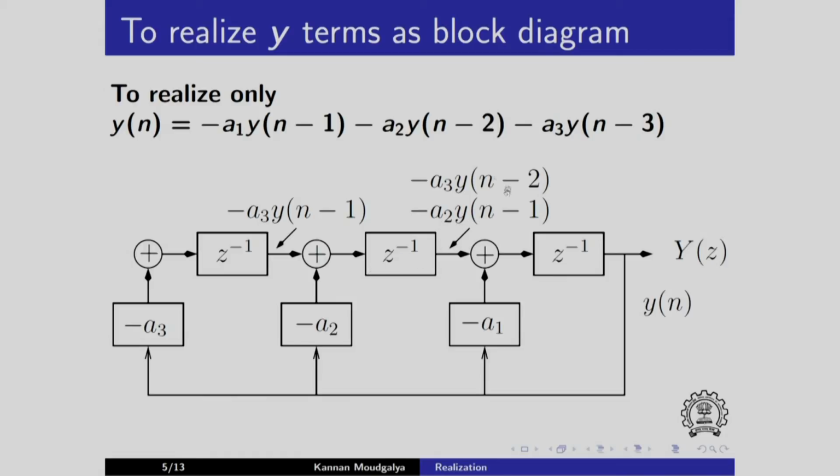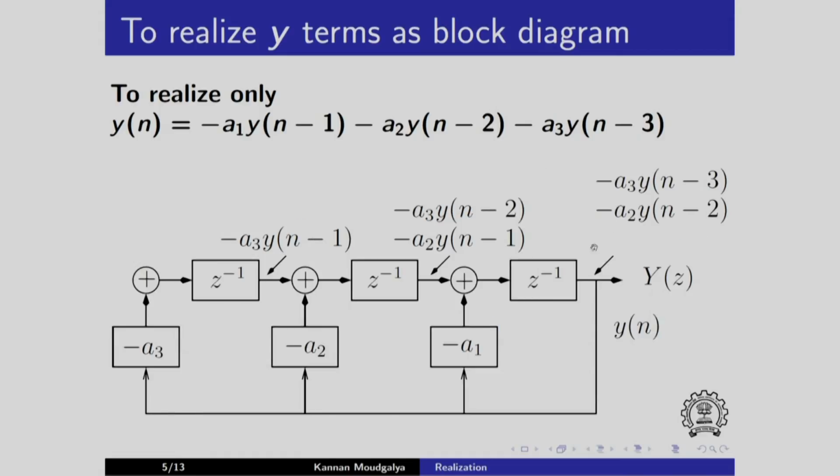We do the same thing here, we shift the whole thing over here. So we have one delay term, so this n minus 2 becomes n minus 3, n minus 1 becomes n minus 2, and then we have an additional term due to this minus A1. We have minus A1 into Y of n minus 1. So let us go to the next slide.